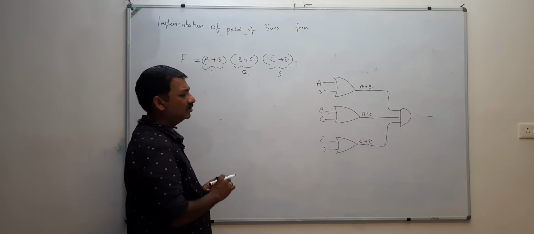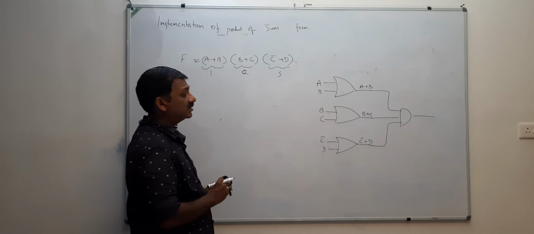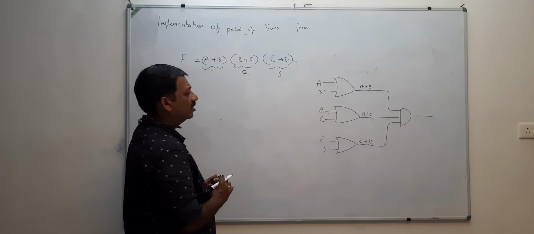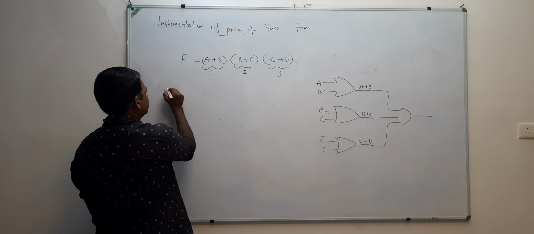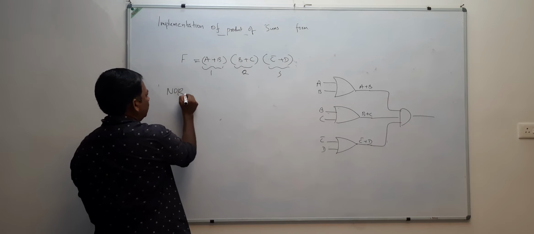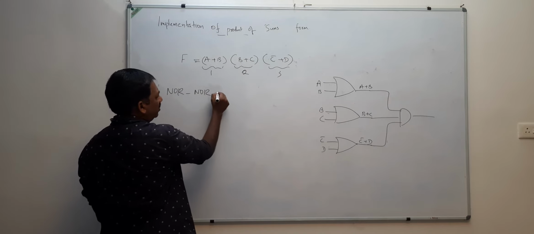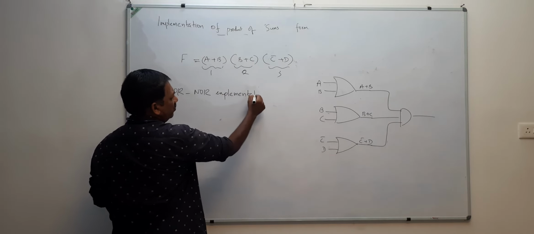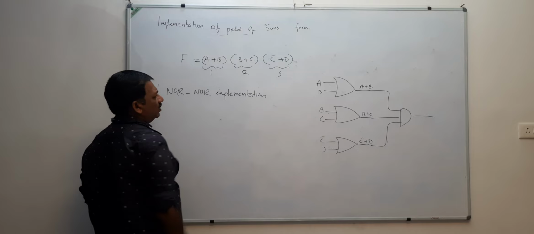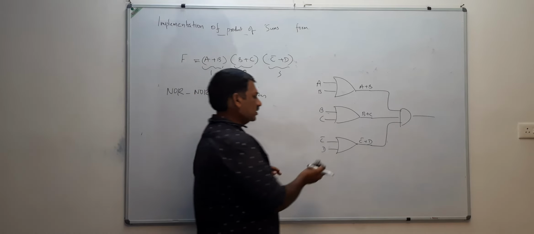That can easily be done using AND gates, OR gates and NOT gates. But we are going to have a NOR implementation of the product of sums form.